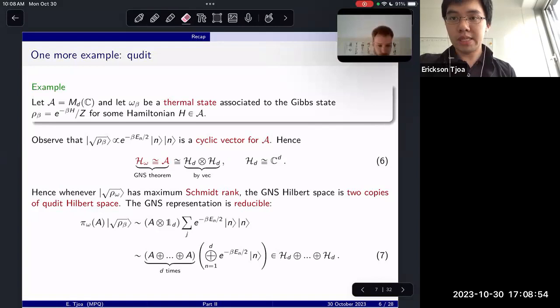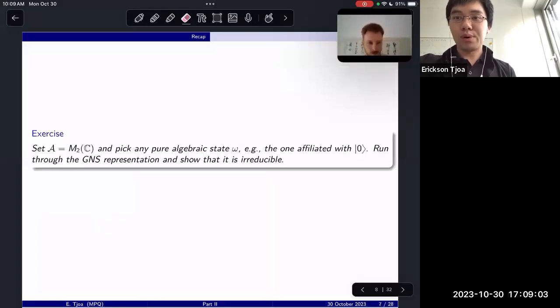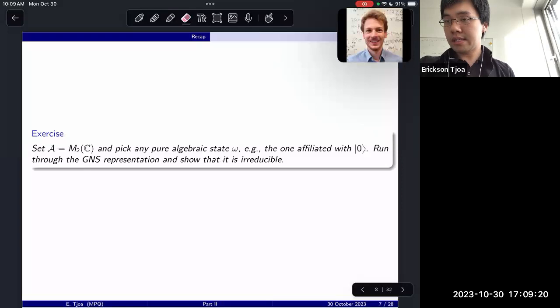If there is any question, please let me know, but this is basically just redoing exactly what we did last week. Okay, and as an exercise, I would like to convince you that this is a very worthy thing to try. So if you take a qubit, but now you don't take a density matrix that's max rank, for example, like the cat0, if you run through the GNS representation, you can show that this state is actually a pure state because it is associated to an irreducible GNS representation.